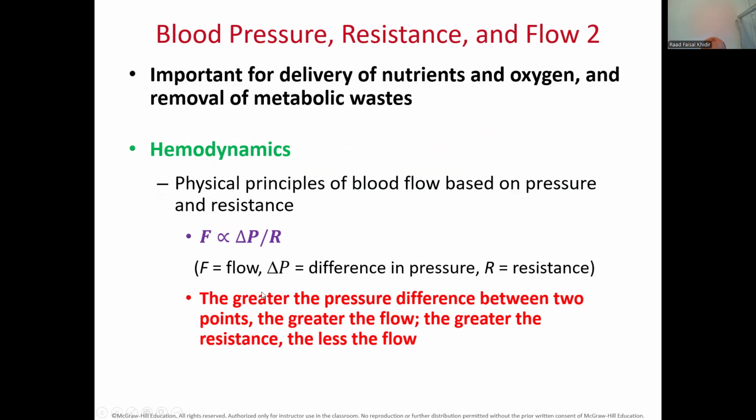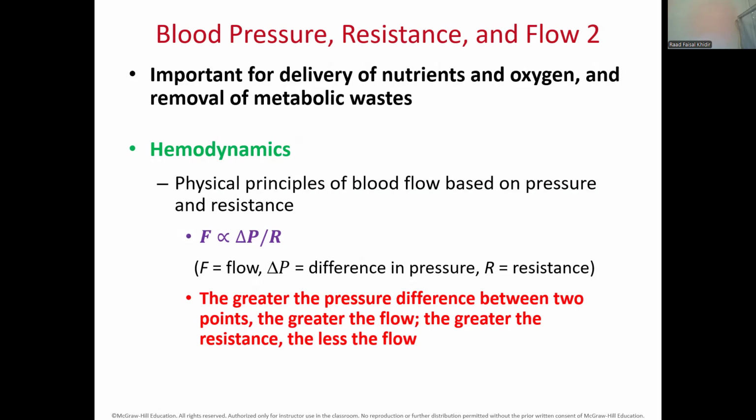Okay, so now we discussed this very important concept. That's the greater the pressure difference between 2 points, the greater the flow, and the greater the resistance, the less the flow. Remember when we drew that between 2 points, A and B, the higher the pressure between A and B, the more flow there will be.